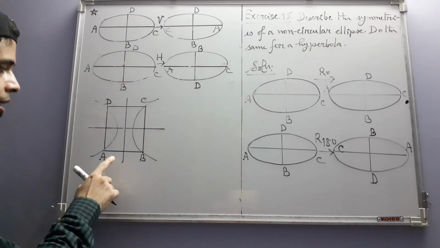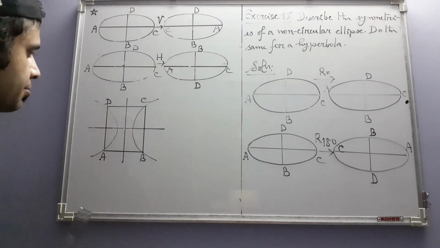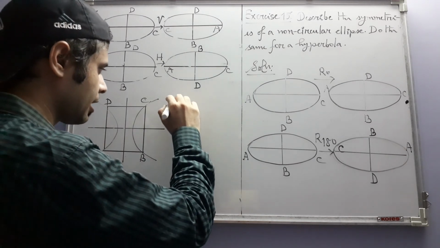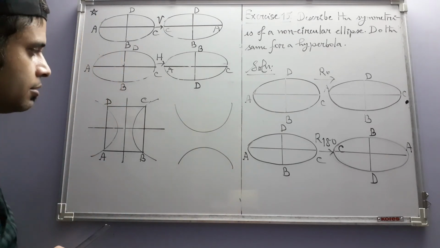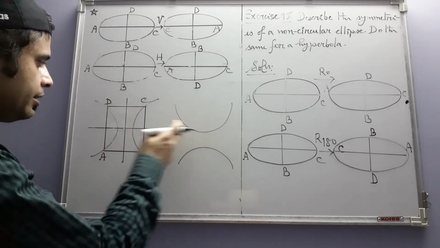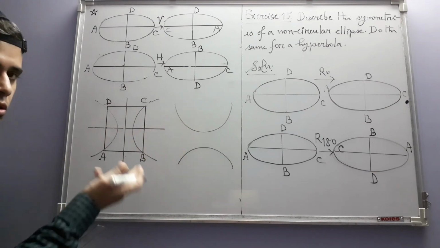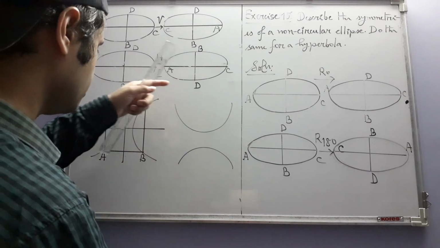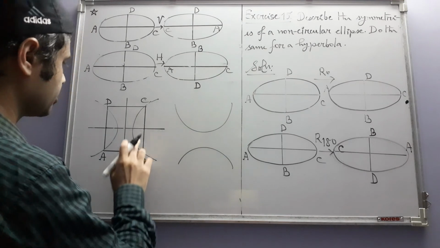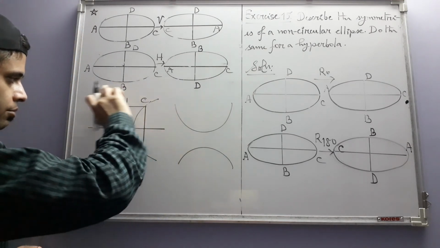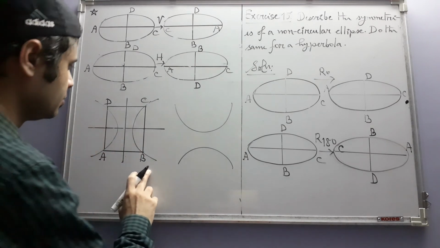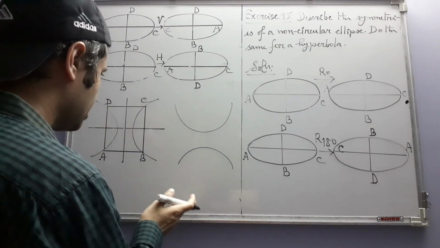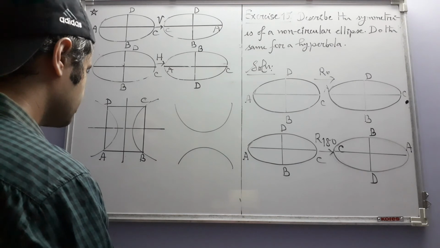Note that R90 here also is not an option, because if you do an R90 rotation, the hyperbola will look like this. But that clearly is not, they don't look alike. So you have to do one more 90-degree rotation. So that will bring you the same position back. Okay, so R180 is 1, R0 is 1.